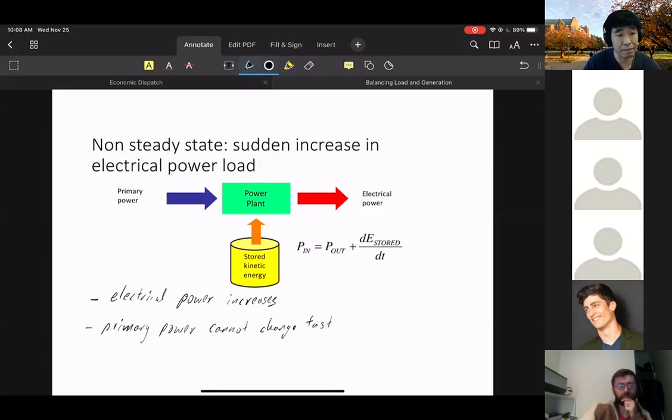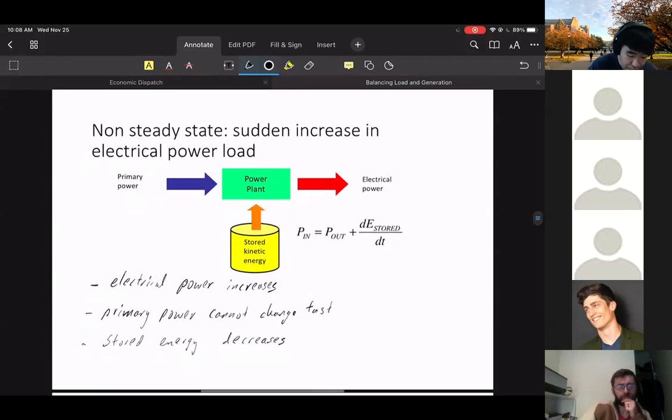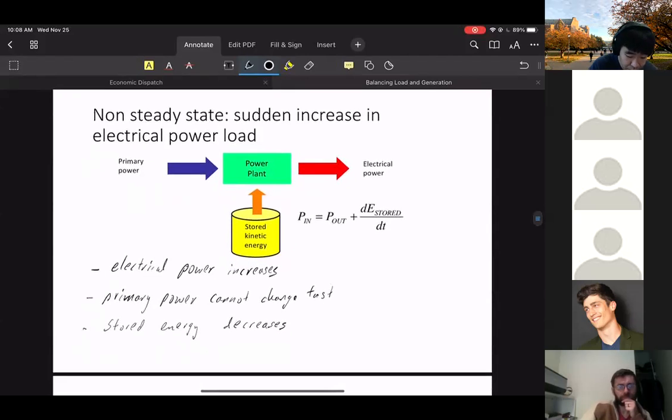So we have an imbalance between the primary source of power input into the generator of the power plant and the amount of power the load is asking for. Then the stored energy decreases, because energy is now flowing from the storage to the load.